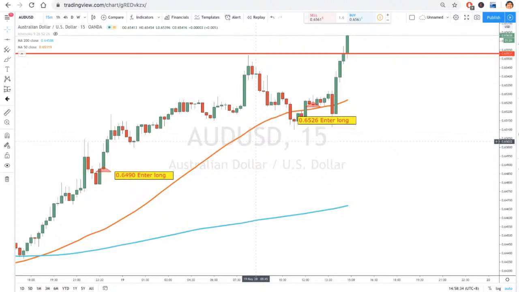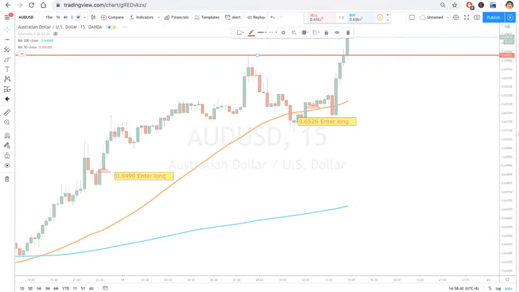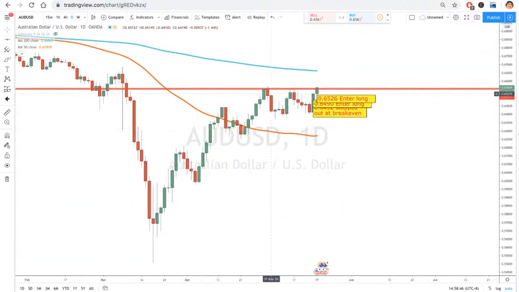As you can see, it's moving higher and higher on the resistance line that I've drawn. This is the red resistance line, support and resistance line. We are looking to break above the resistance line, and if we manage to break successfully, our take profit zone will be on this 200-day moving average line, which is about 0.6660.